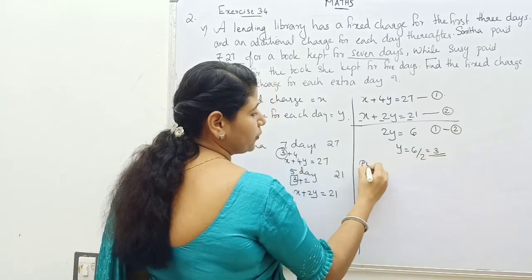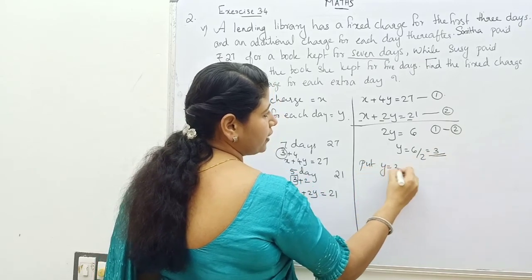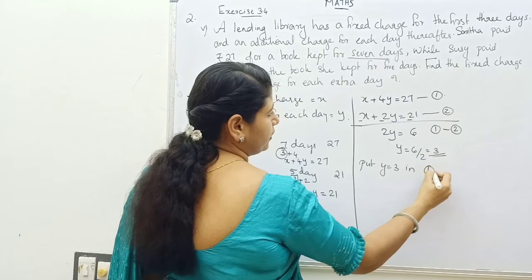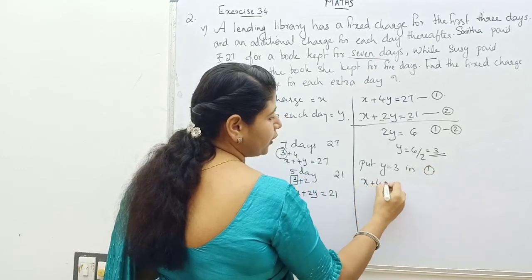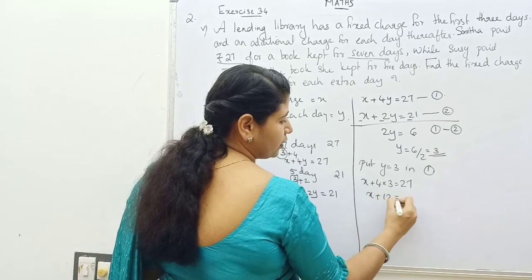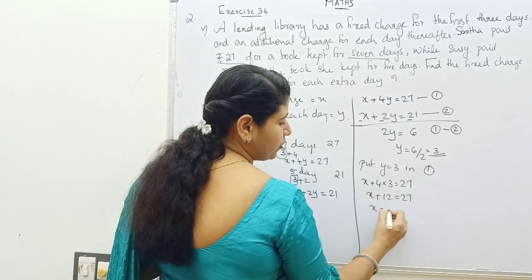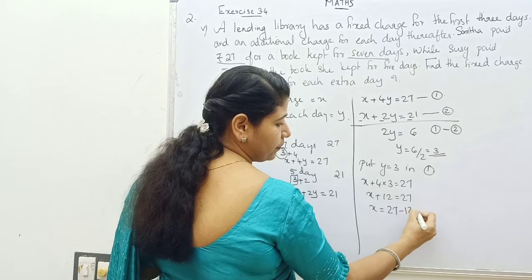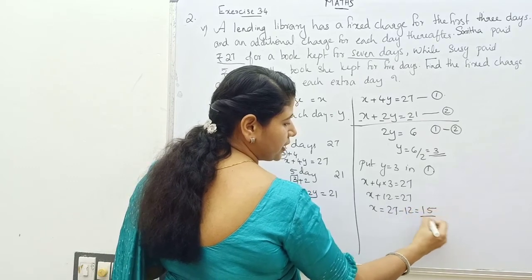Now put y equal to 3 in any one of the equations, in equation 1. So x plus 4 into 3 equal to 27. x plus 12 equal to 27. x equal to 27 minus 12, which is 15.